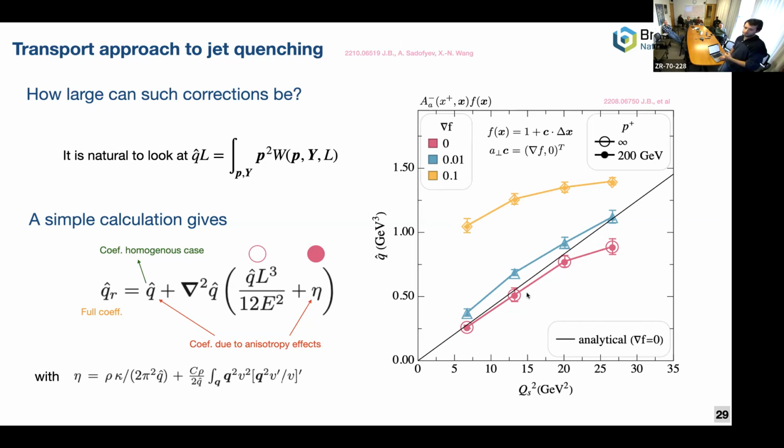And you see indeed that although the difference between the finite and infinite energy cases is small, which is related to this coefficient here, which, as I said, is very small, there is still a constant correction which scales with the medium parameter, which is what we showed analytically. Of course, you cannot compare them directly, because to model this calculation in the way that we did is difficult. But at least here it gives you a feel that this type of correction can be qualitatively meaningful.